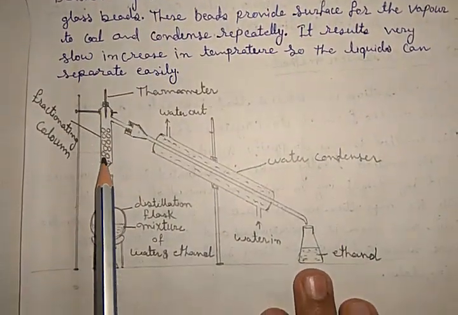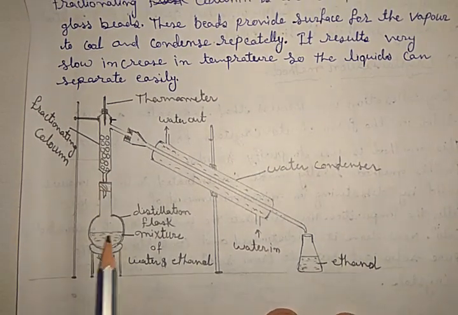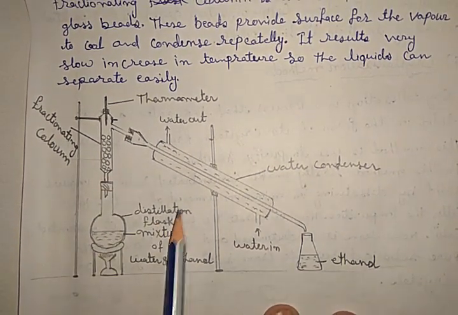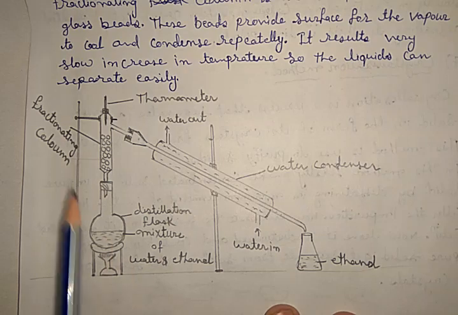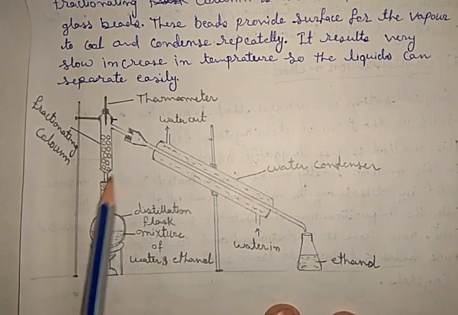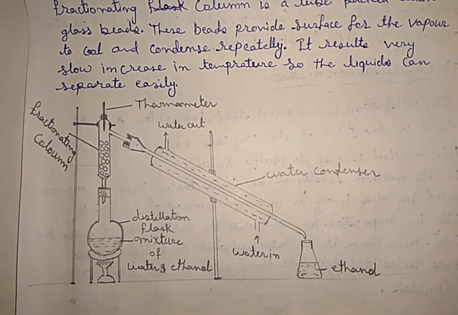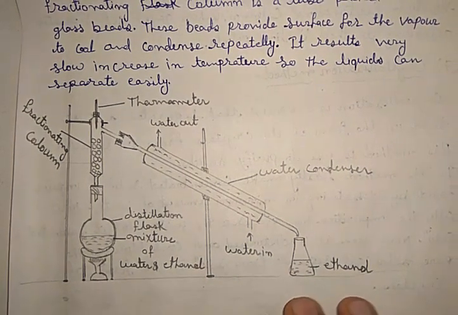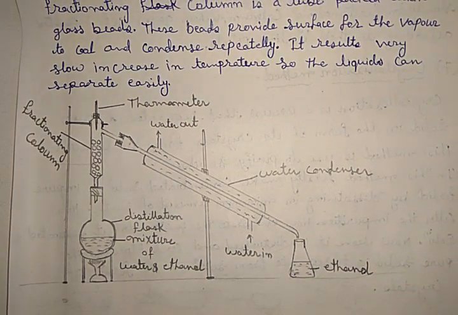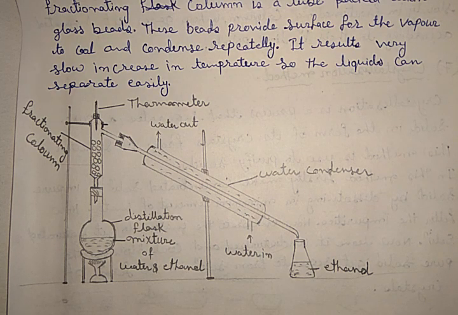In this method there is an extra column between the round bottom flask, that is the distillation flask, and the condenser assembly. This extra column is called the fractionating column. If we consider the normal fractionating column, it is a long tube having glass beads, glass balls.